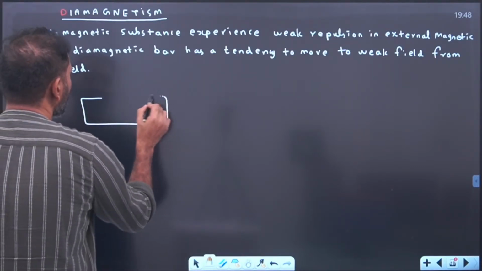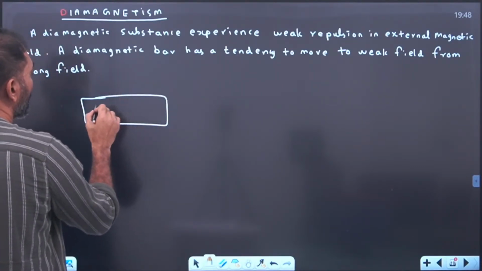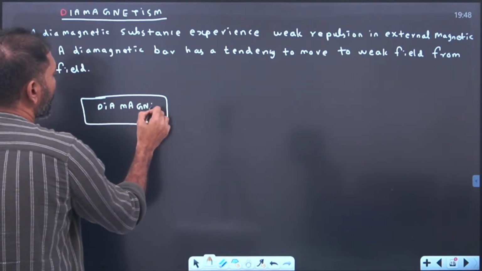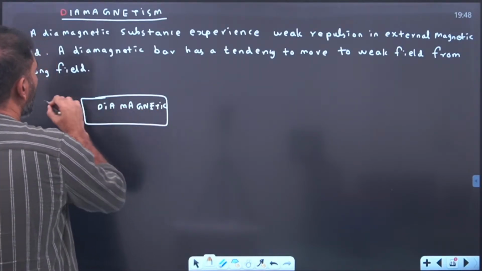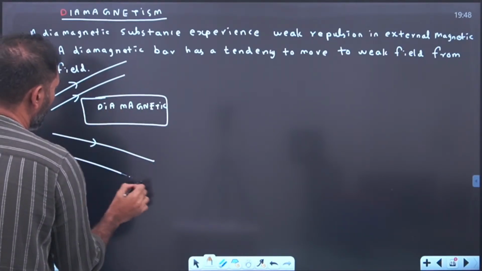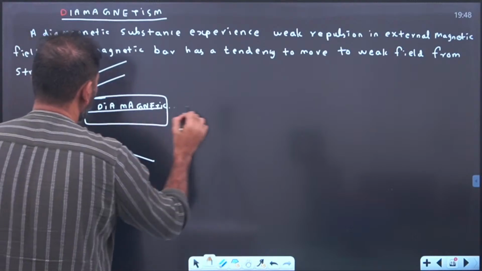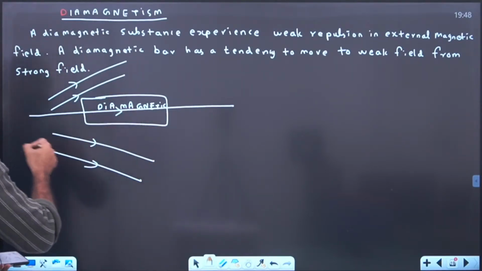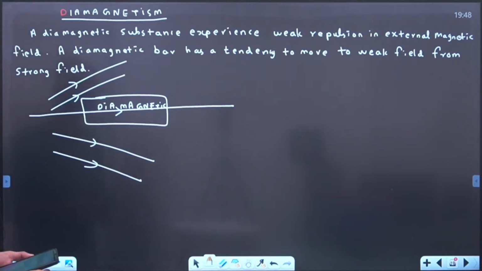Now suppose this is the diamagnetic substance. It repels magnetic lines of force. But it is not a complete repulsion. There might be one magnetic line of force that is passing through the diamagnetic substance.